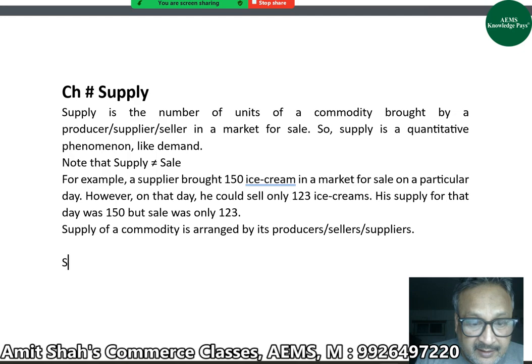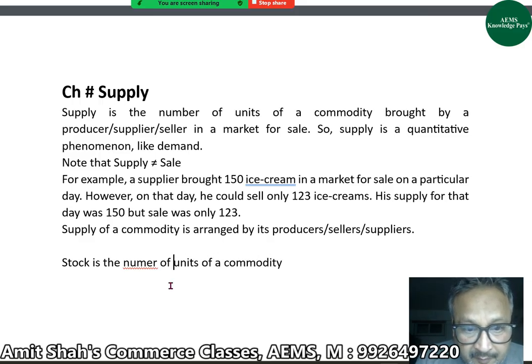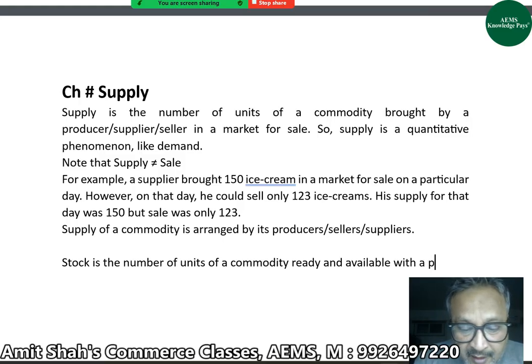Okay. Next thing is stock. There are two different terms. One is supply, other is stock. Stock is the number of units of a commodity ready and available with a supplier for sale.